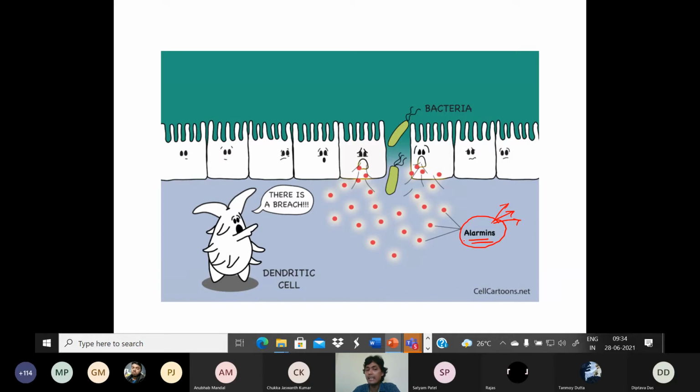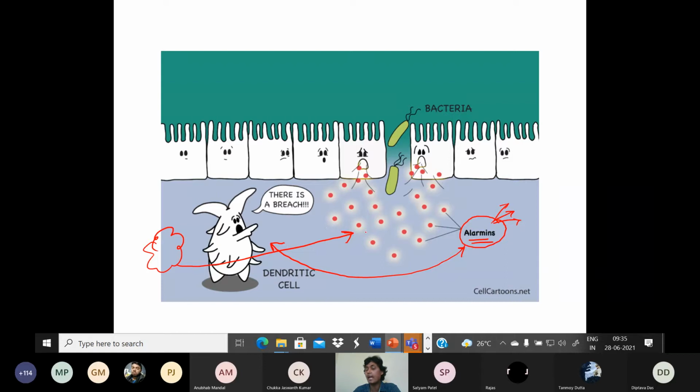So that alarmin, dendritic cell can sense this information that alarmins are around. As a result, dendritic cell present somewhere here will travel towards alarmin. The more alarmin present, the dendritic cell will go to that location.